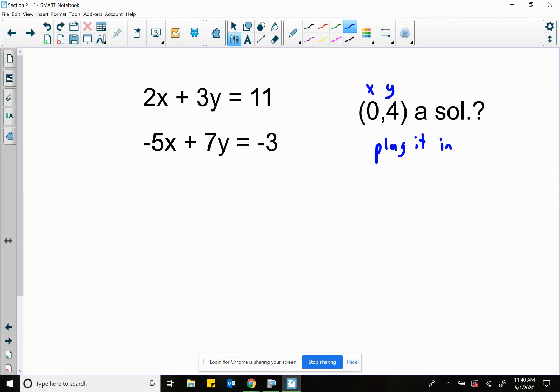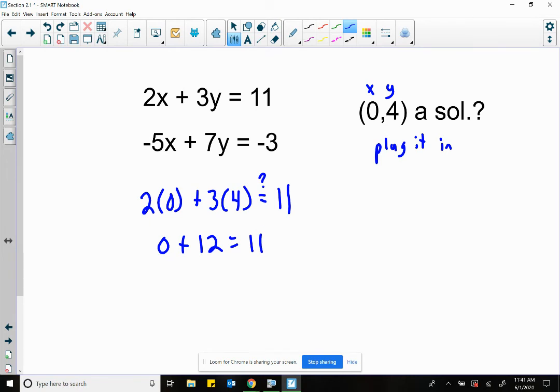Okay? So let's plug in 2 times X, which is 0, plus 3 times 4. Is that 11? That's the question. Well, 2 times 0 is 0. 3 times 4 is 12. Does 0 plus 12 equal 11? No. So is this a solution?